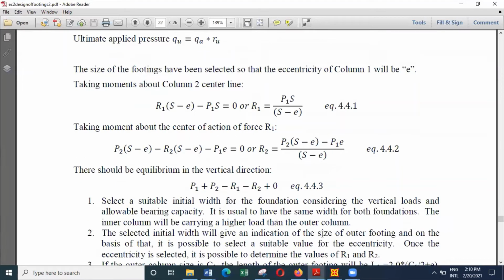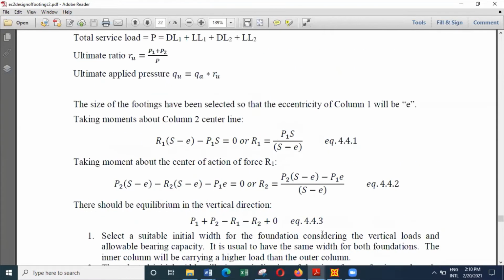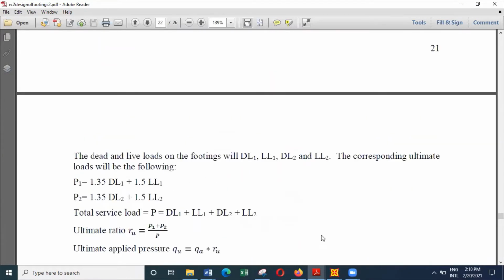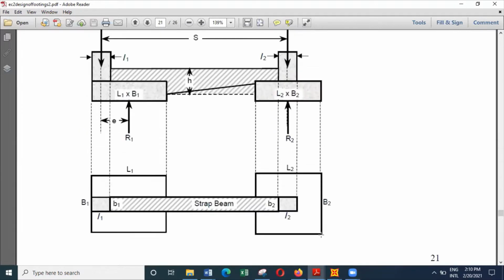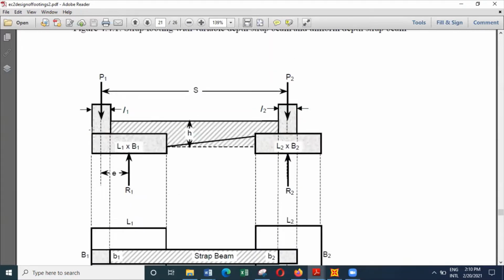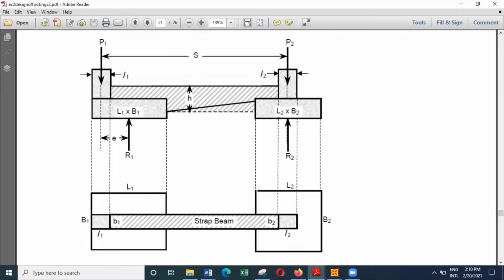So how we deal with this is, first we have to look at the loads that are acting on the footings and select a suitable width for the foundation. It is not necessary to have the same width for both foundations, but if you have the same width, then it will be a little easier to do the calculation.